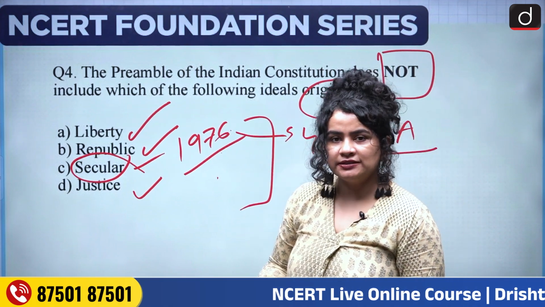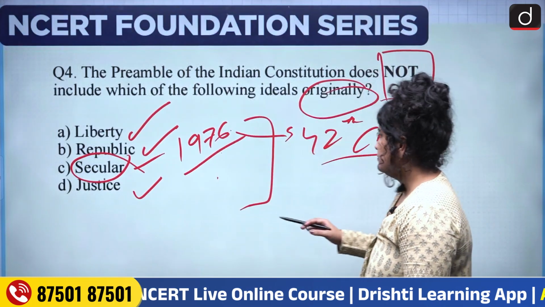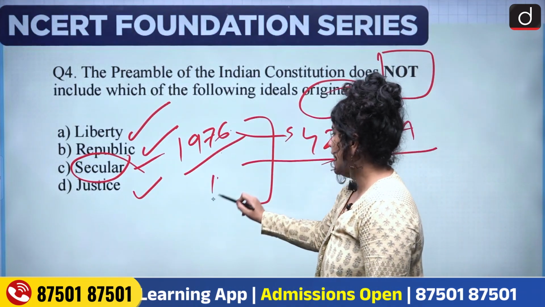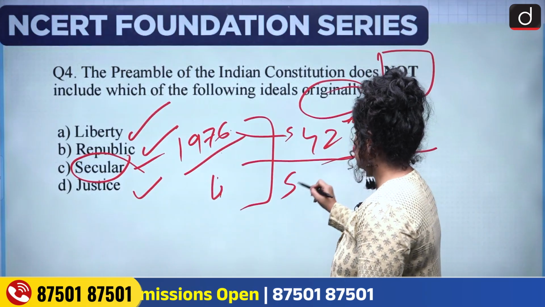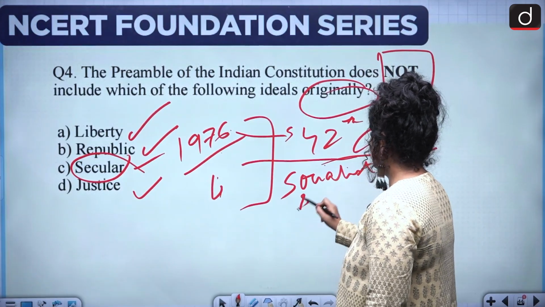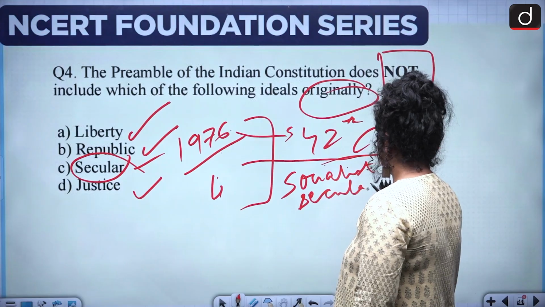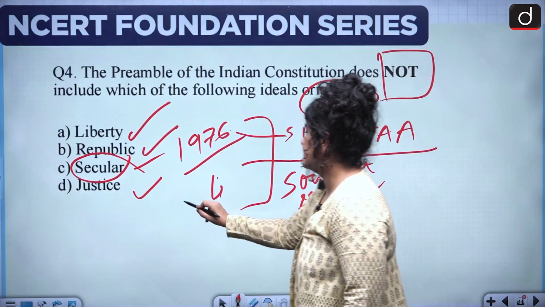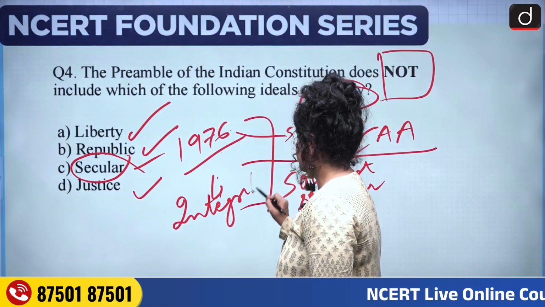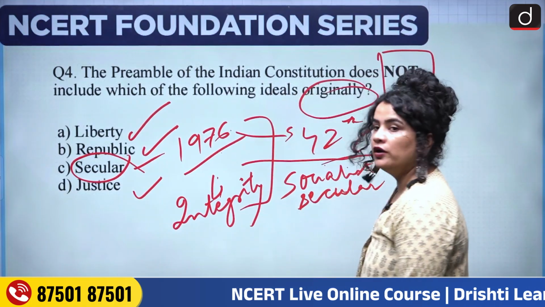And for simplicity's sake, we can simply remember that this act, this mini constitution, added 3 words, which was socialist, secular, and integrity. So this is going to be very useful for you.